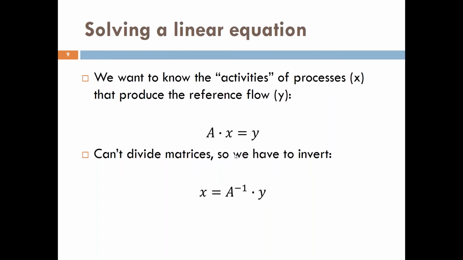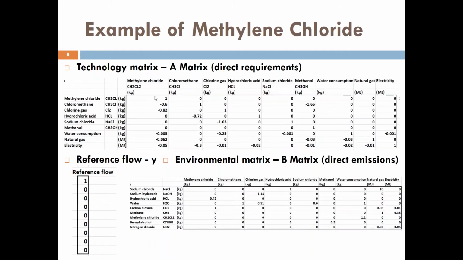The balancing equation looks like this. Let's say this A matrix, the technology matrix, times the level of activity of each process. If you multiply these two, it should generate the net output of our interest. What that means here is, if we go back, suppose that this process will run X number of hours to produce so many kilograms of methylene chloride.